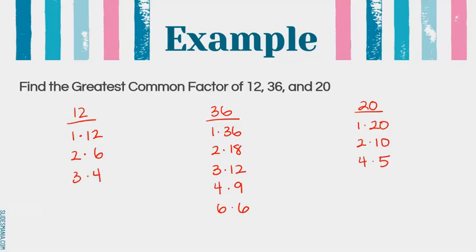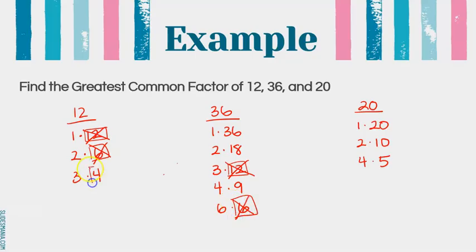Now, when I'm looking across these, I want to find the biggest number that they all have in common. If I started by looking at 12, I notice I have a 12 in my 36 list, but I don't have a 12 in the 20. So 12 is not the greatest thing they all have in common because 20 doesn't have one. If I look at 6, I see a 6 in the 36 list, but I don't see it in the 20 list. So 6 is not a common factor.